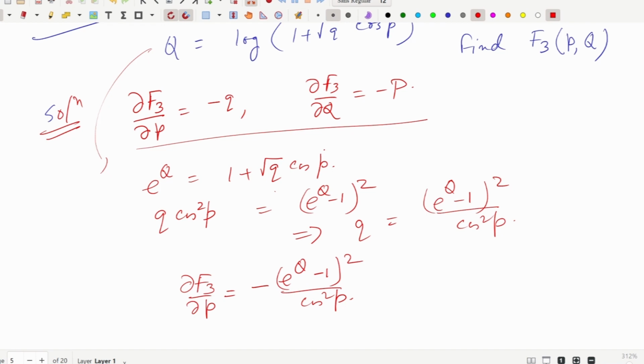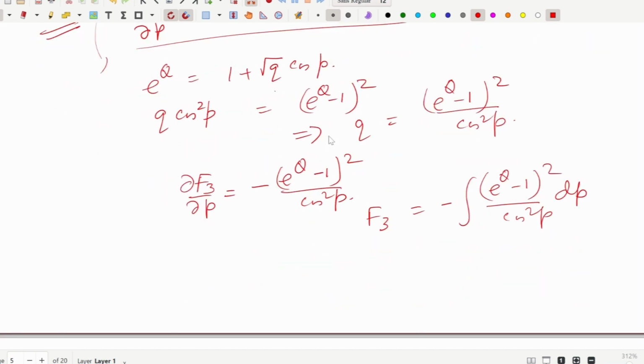I just substitute q in the above equation. So f3 will be just the integration of e to the power Q minus 1 whole square by cos square p dp. Okay. But it is f3, and for f3 small p and capital Q are independent. So you can write minus e to the power Q minus 1 whole square outside, and then cos square p, that means sec square p dp integration, right.